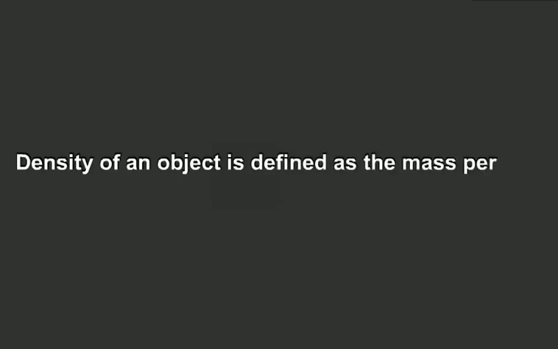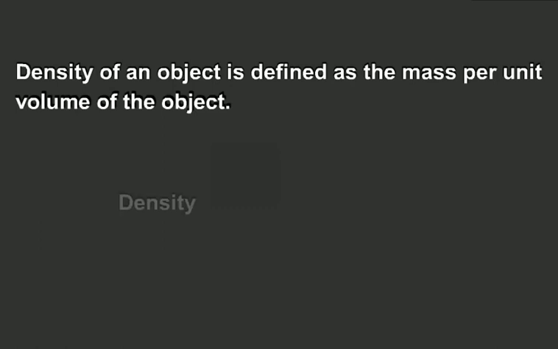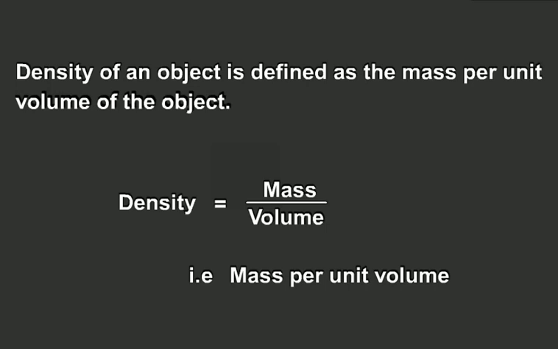Thus, density of an object is defined as the mass per unit volume of the object. Students, by the definition, we can write density is equal to mass divided by volume. That is, mass per unit volume.